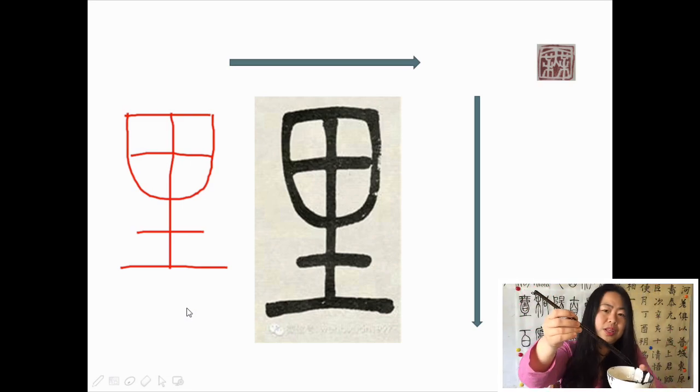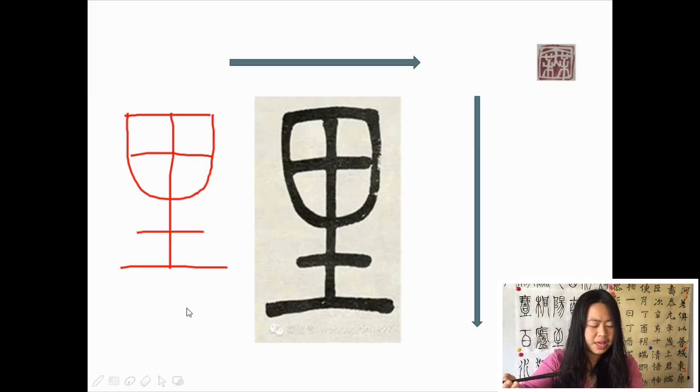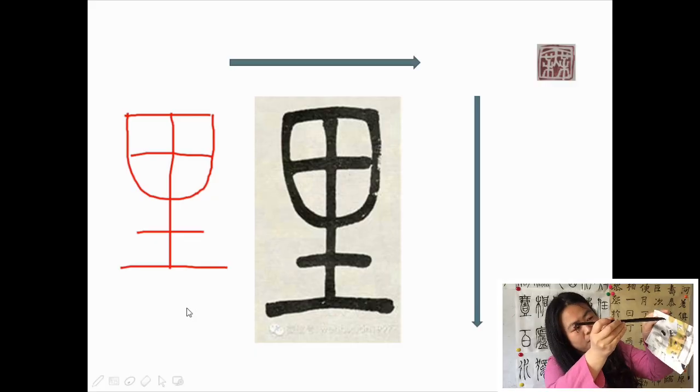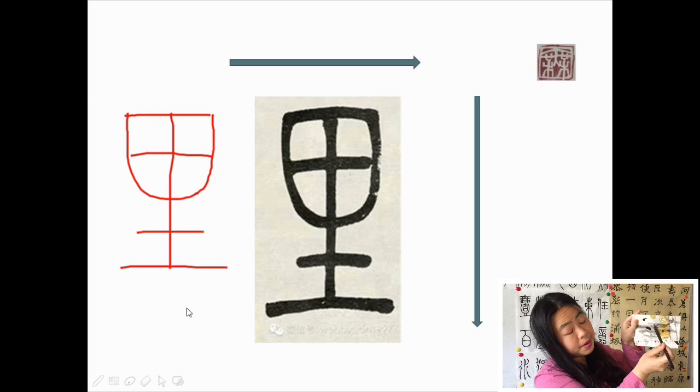Now we don't need that much. Why? Because the first time the brush touches the ink, there will be some water in it. If you write directly on the paper, which has a special texture, the ink will spread very soon.